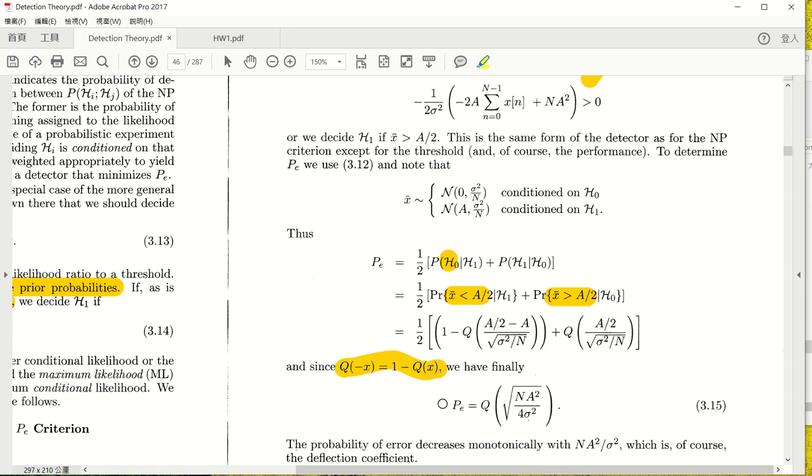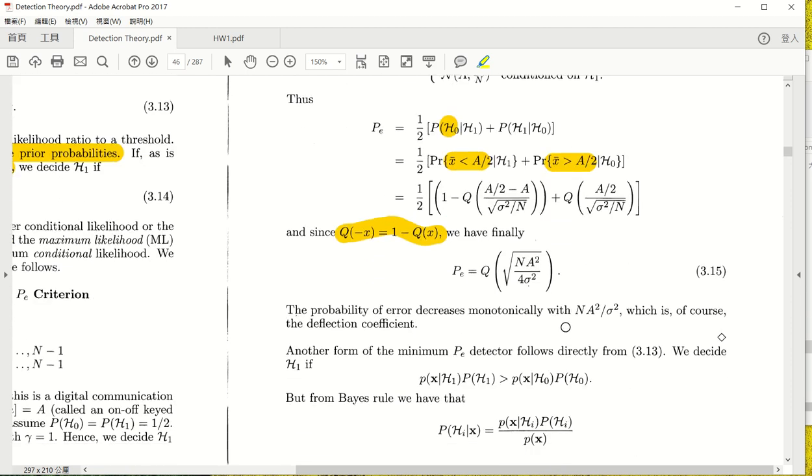So we have finally reached this point. Just use this equation and put it in here and simplify it, and you get something like that. As a result, the probability of error will be given here. Then it decreases monotonically with this, which of course is the detection coefficient.